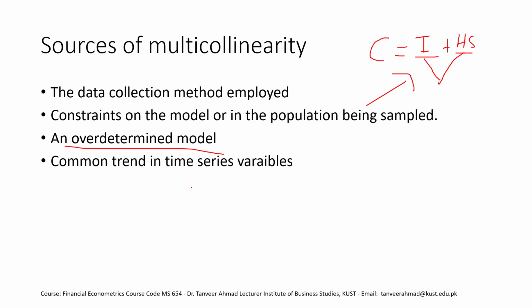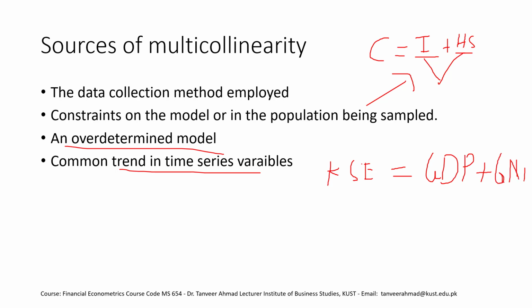And the last source of multicollinearity that we are going to discuss is the trend in the time series variable. So let's say we are going to study the effect of GDP and let's say GNP on the Karachi Stock Exchange KSE 100 index.